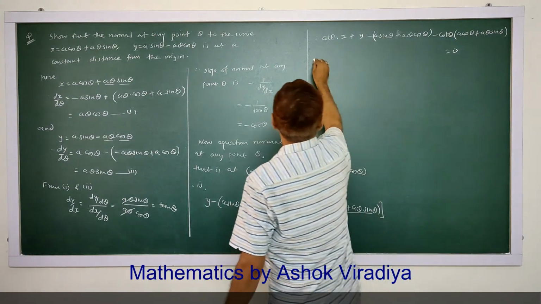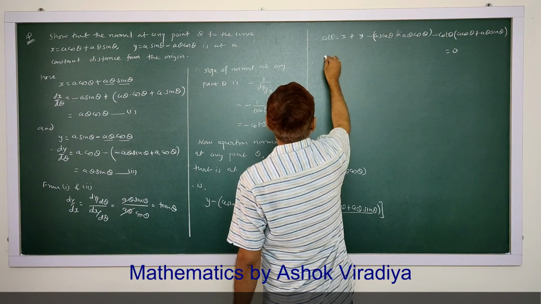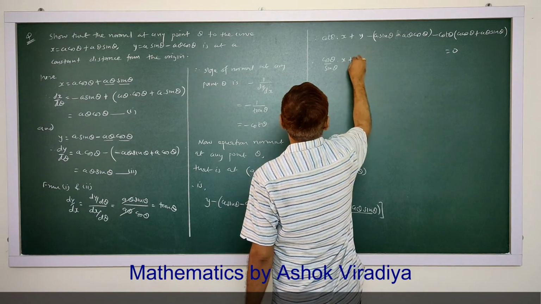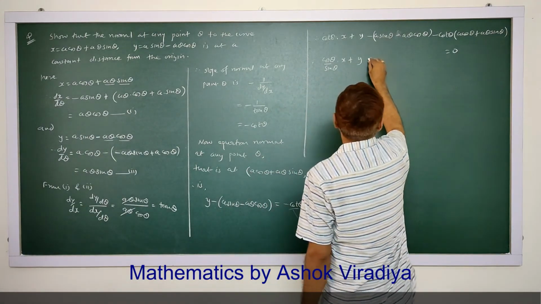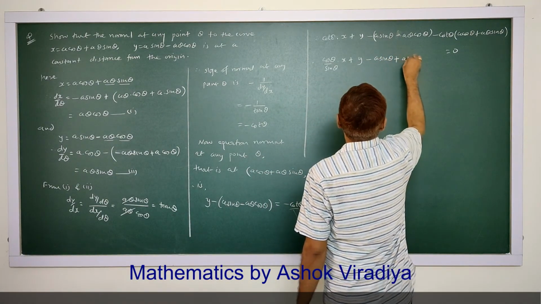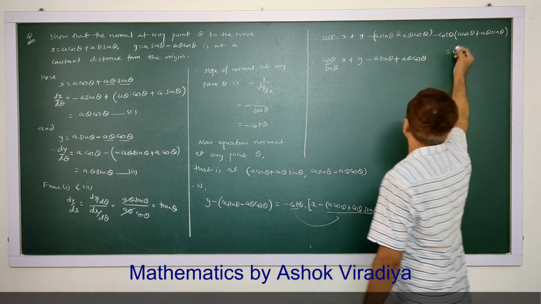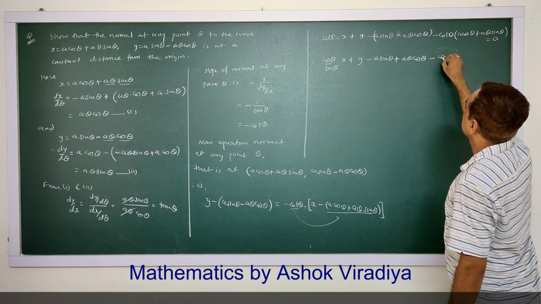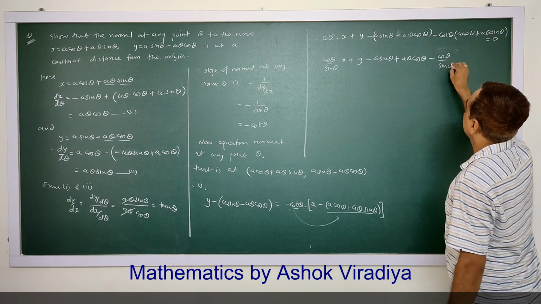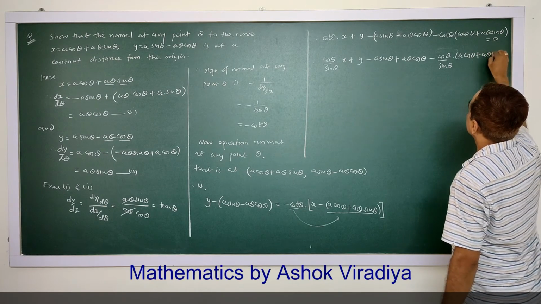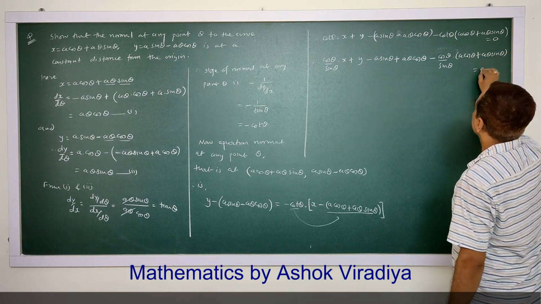Therefore, now cot theta is cos theta by sin theta into x plus y minus a sin theta plus a theta cos theta minus cos theta by sin theta into a cos theta plus a theta sin theta equal to 0.